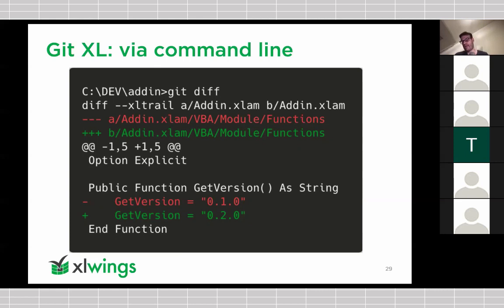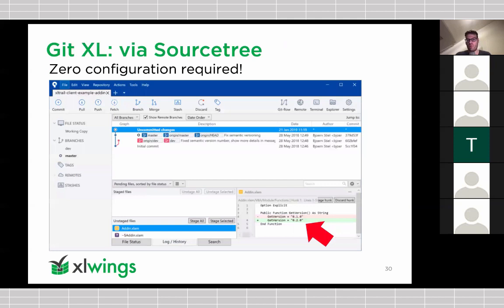Now, I know that not everybody is a big friend of the command prompt, especially not for Git. So what also works is to use SourceTree. SourceTree is the GUI tool from Atlassian, the guys behind Bitbucket, which is also free to use.